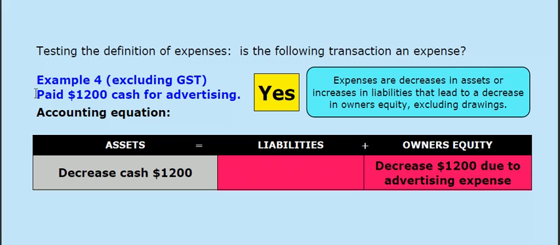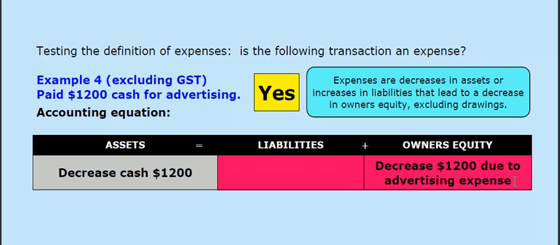What about paying $1,200 cash for advertising? We're going to exclude GST in this example. It would have no impact anyway on the expense. Paid $1,200 cash for advertising. We would decrease cash $1,200, so part of the definition has been met. It's a decrease in an asset. And it leads to a decrease in owner's equity because it is an expense and expenses reduce owner's equity.